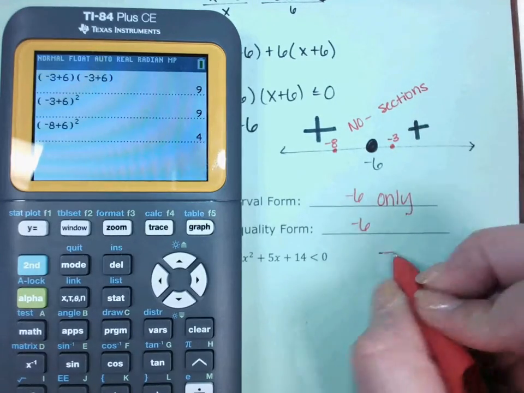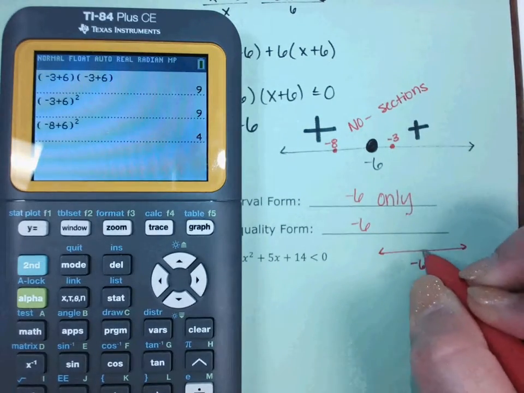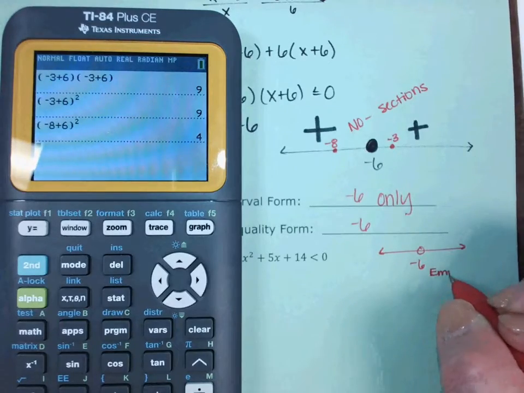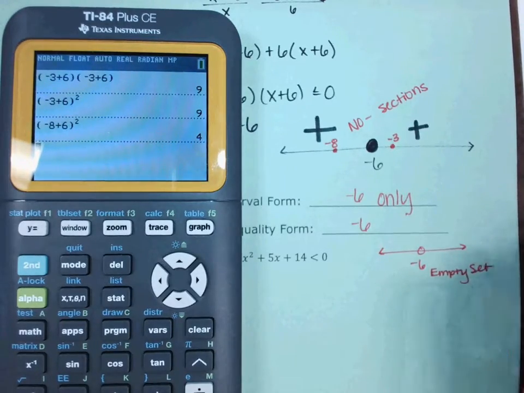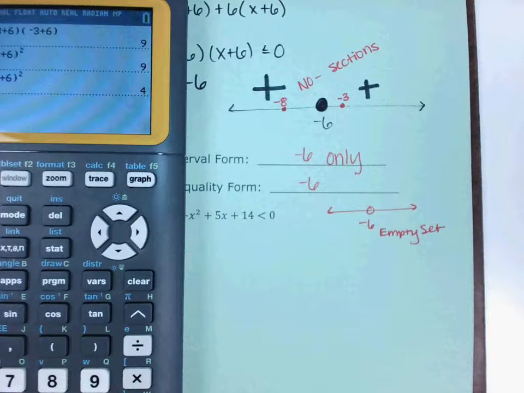But since I had a closed circle, that number is a solution. So it's not like I didn't get anything, I just only got one single number versus a whole shaded area. Okay?